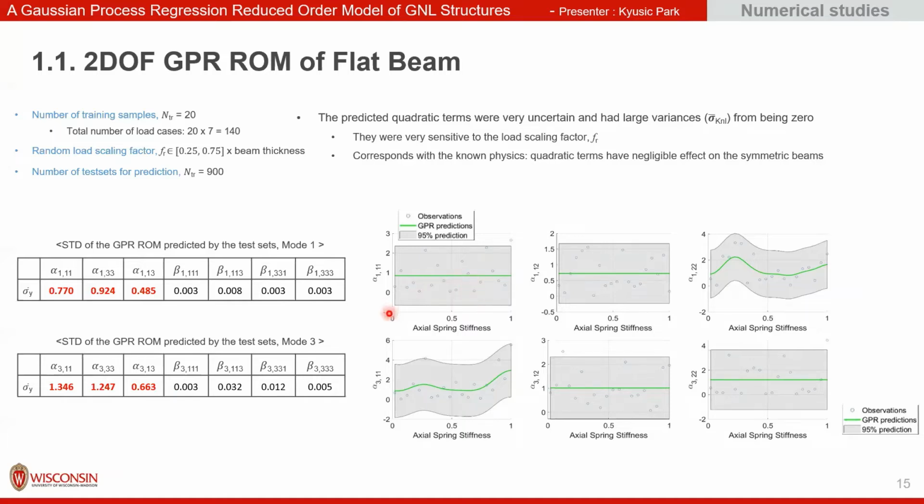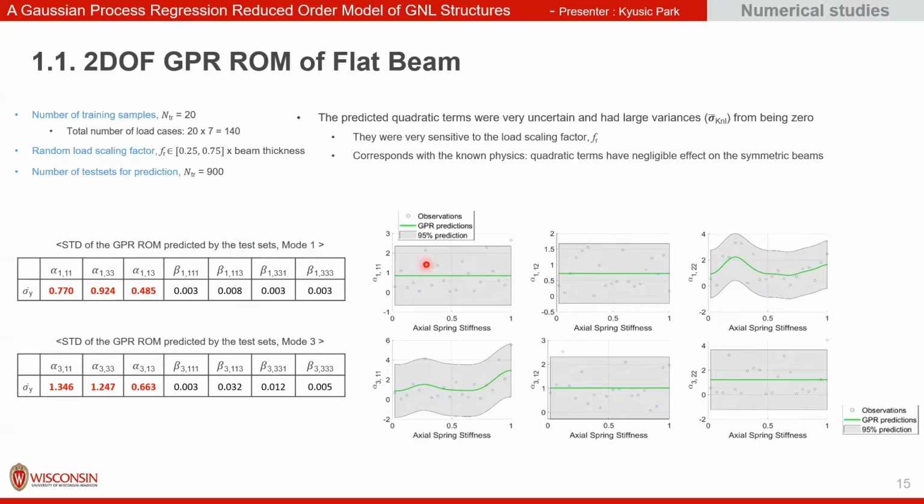The predictive standard deviation of the nonlinear coefficients is presented in these tables, and the values also support the significant uncertainty of the quadratic terms. The quadratic terms were very sensitive to the force scaling factor and did not contribute to characterizing the ROM with respect to the variation of FEM parameters. So they could be considered redundant and removed from the ROM.